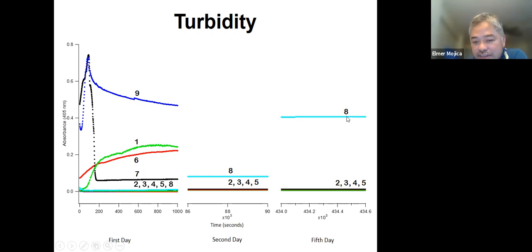One of them, I think this is the cyano, takes a while to aggregate.